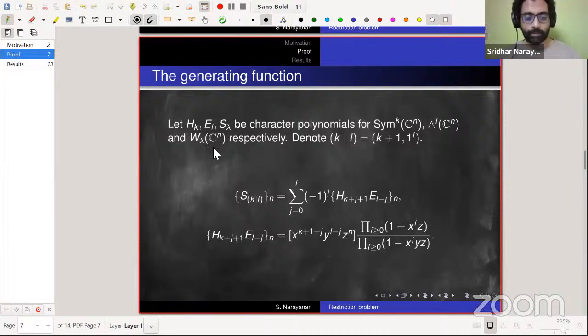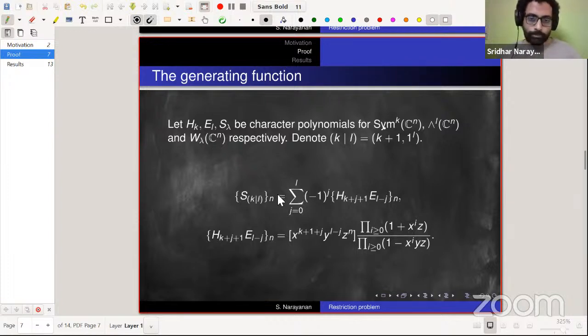And similarly, the character polynomial associated to the kth symmetric tensor, we will denote by capital H_k. And the character polynomial associated to the nth alternating tensor, we will denote by capital E_l.